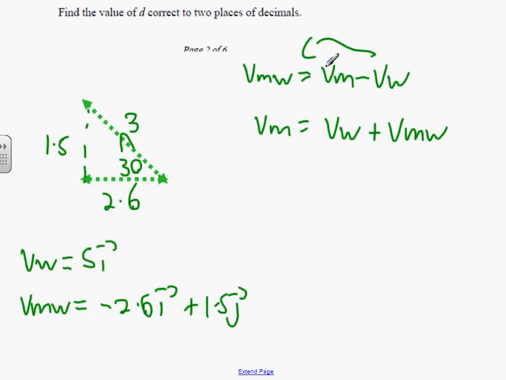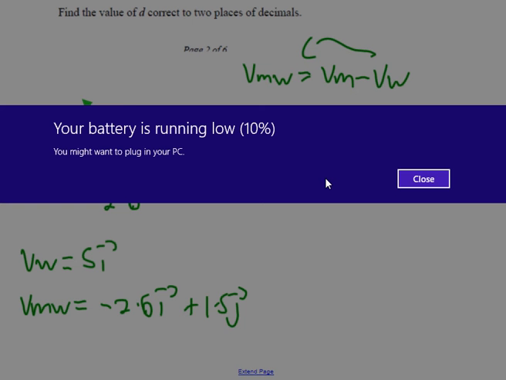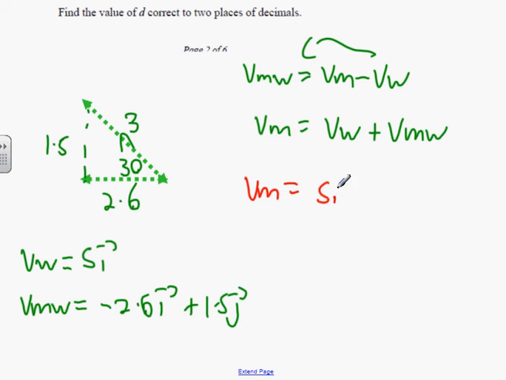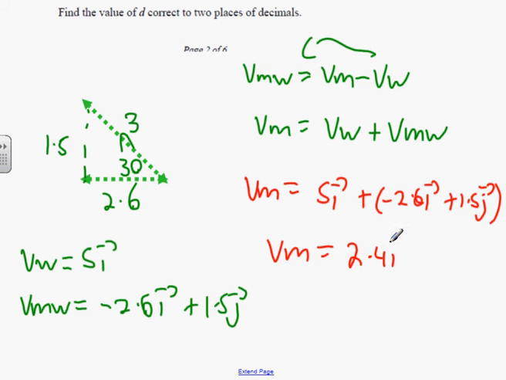Finally, the velocity of the man is both of them added together. It's going to be 5i plus minus 2.6i plus 1.5j. Gives me a velocity of the man of 2.4i plus 1.5j. Alright, so that's how you can come up with your speed there, okay?